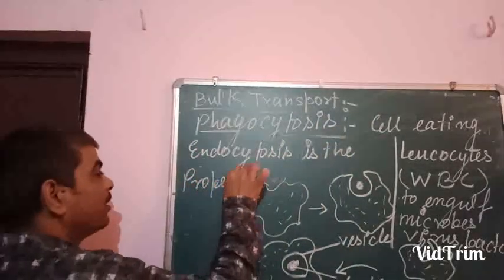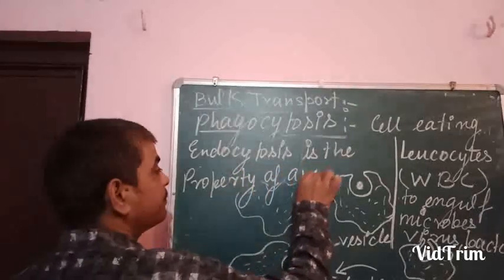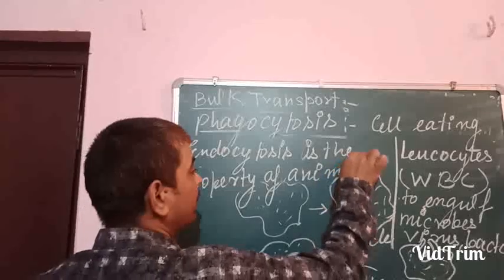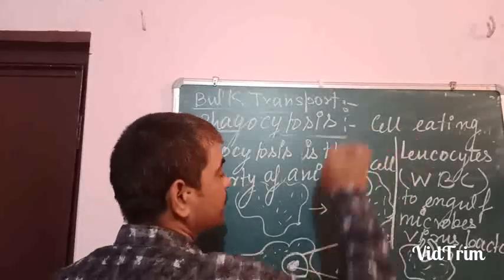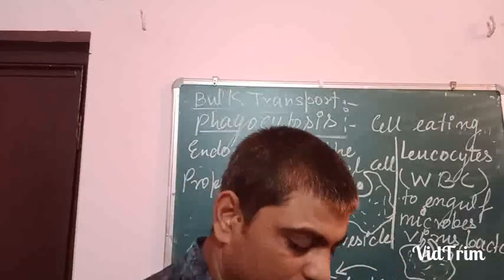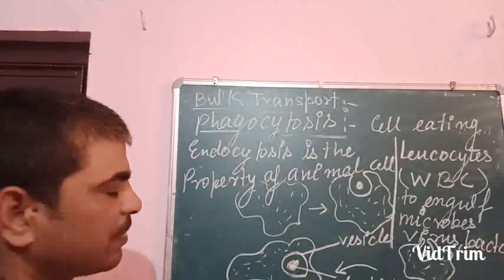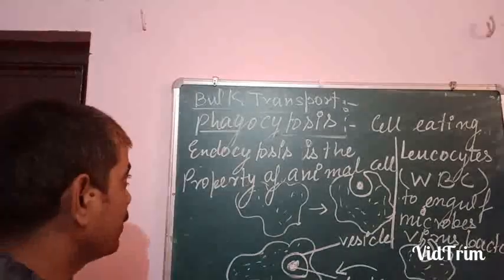It does not occur in plants. You see here amoeba and leukocytes, both are animal cells and they have the property of pinocytosis and phagocytosis.